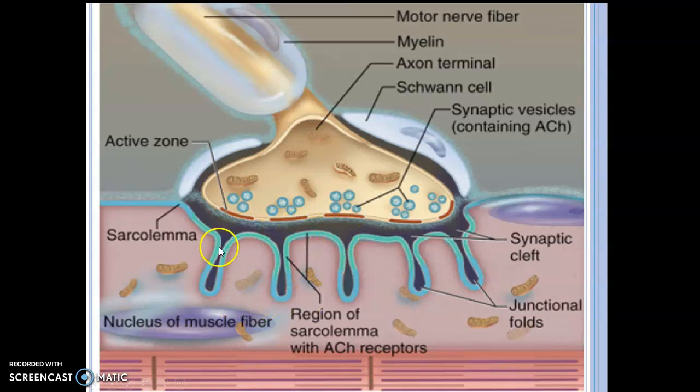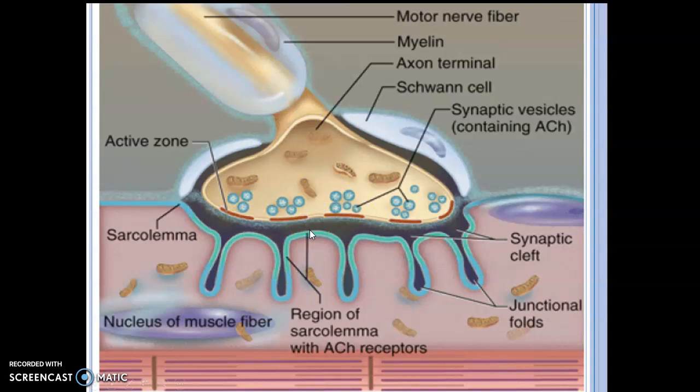The postsynaptic membrane is the membrane of the muscle, which forms infoldings to increase the surface area, and this membrane contains receptors called ligand gated receptors. Here the ligand is acetylcholine. When acetylcholine comes, it binds with its receptor and they act as an ion channel.